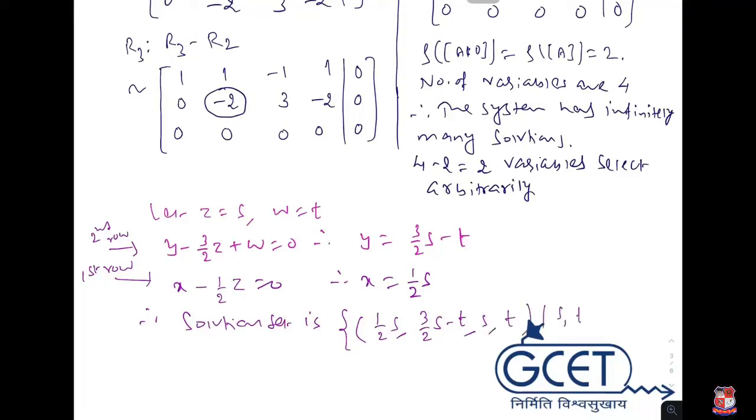And s, t is any real number. So for as many s and t we have the solution. So we are having infinitely many solutions. Thank you.